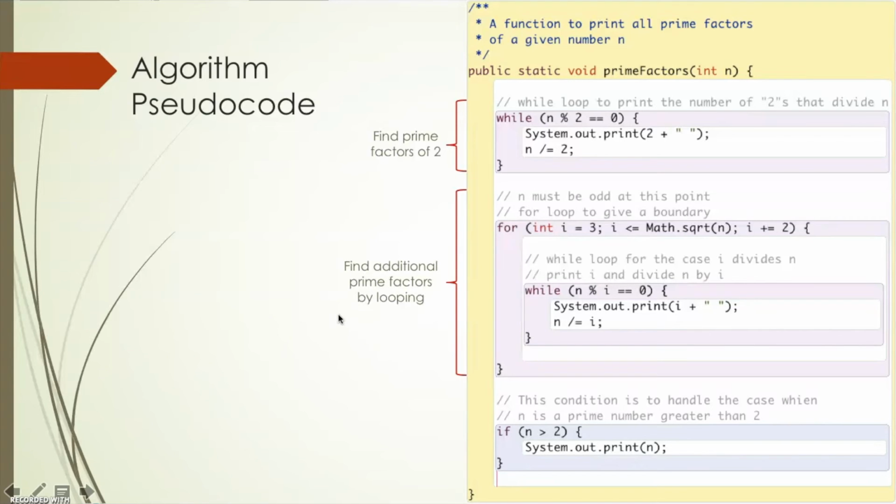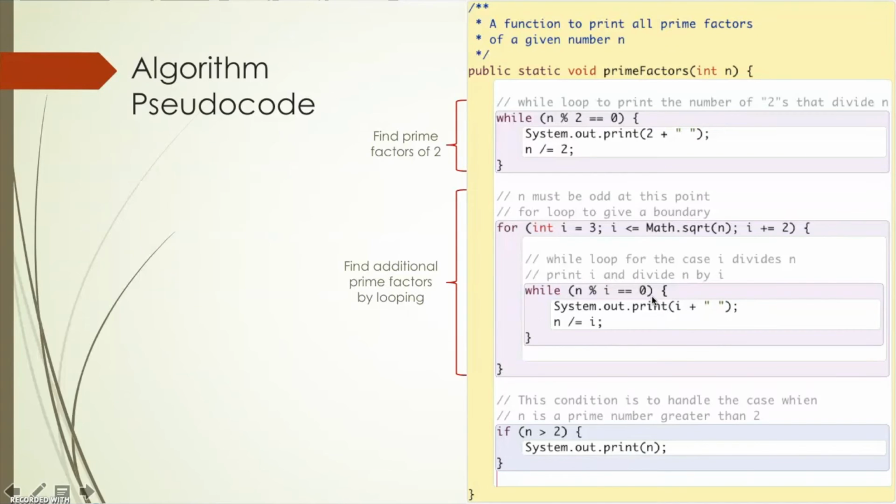So this step is to find the additional prime factors by looping. So this for loop here states that we have i start from 3, and the upper bound for this for loop is the square root of n. And each time we loop through the loop, we add i by 2. Inside the for loop, we have another while loop here.